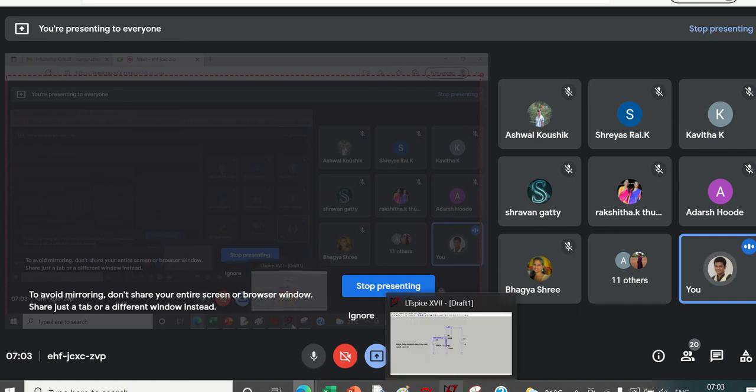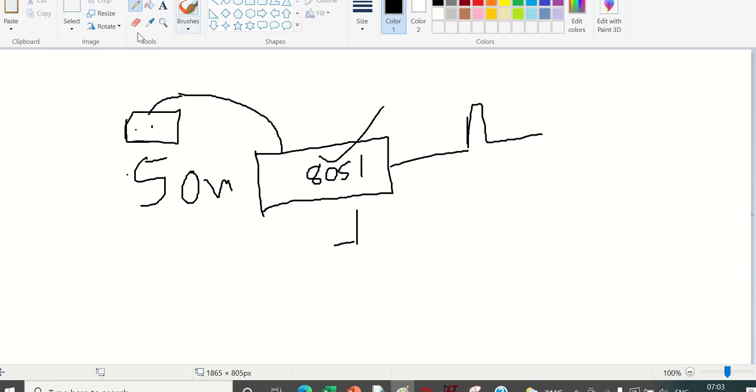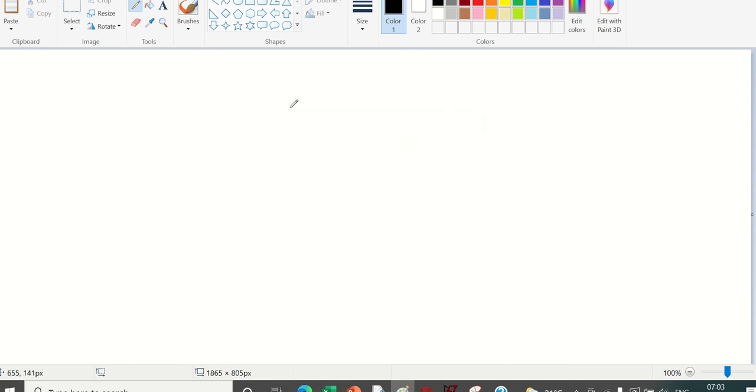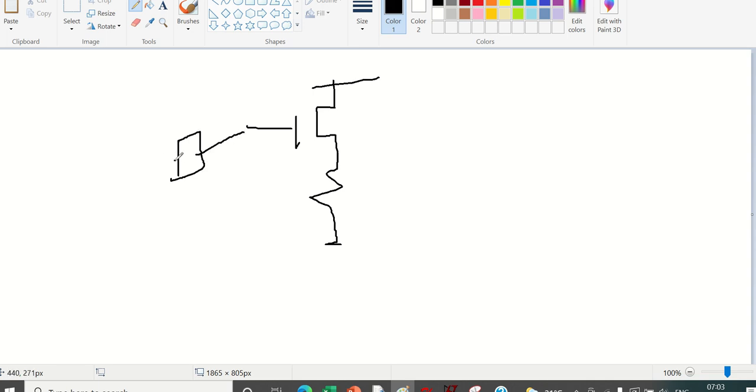Let us see. I will explain it in a better way. So this is our case scenario. This is one case. This input can be the sensor. This is your sensor, and it is coming here. This sensor is connected to ground.